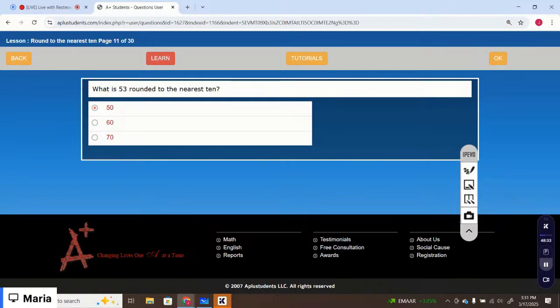Option number 1 is the correct option. Okay, you can complete the lesson. That is grade 2 math. The chapter we are working on is estimation and rounding.